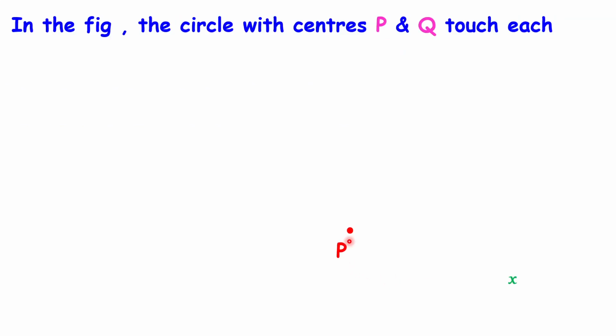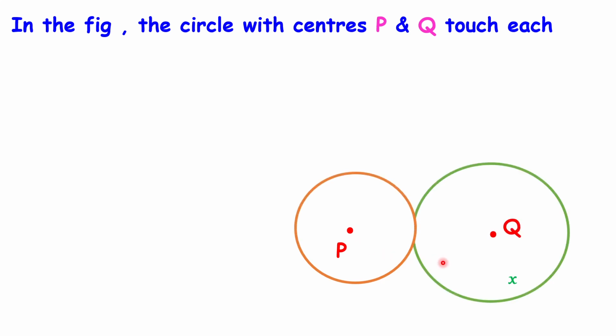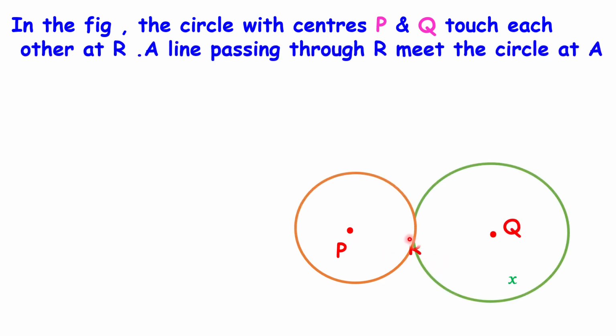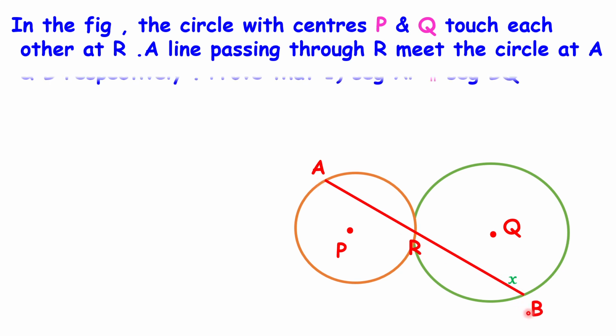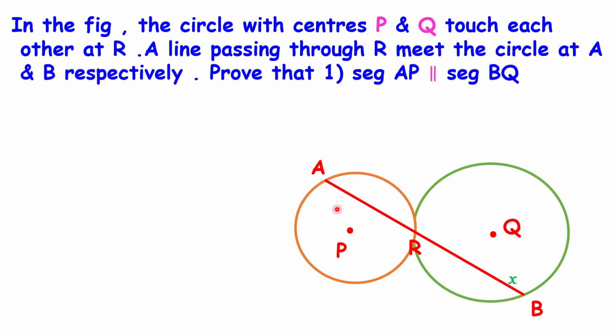In the figure, the circle with center P and the circle with center Q touch each other at point R. A line passing through this point R meets the circles at point A and point B respectively. Prove that segment AP is parallel to segment BQ.